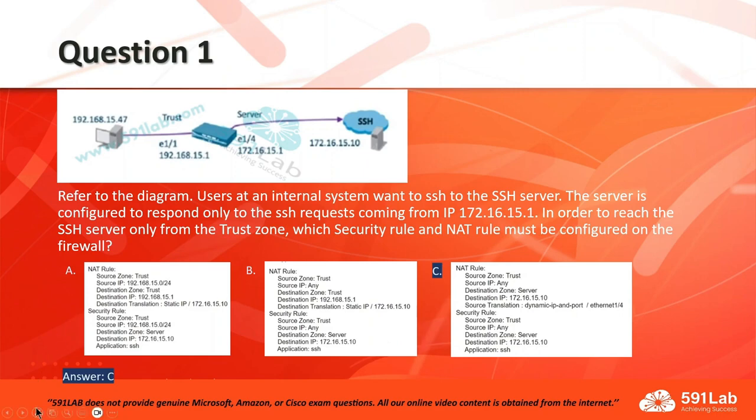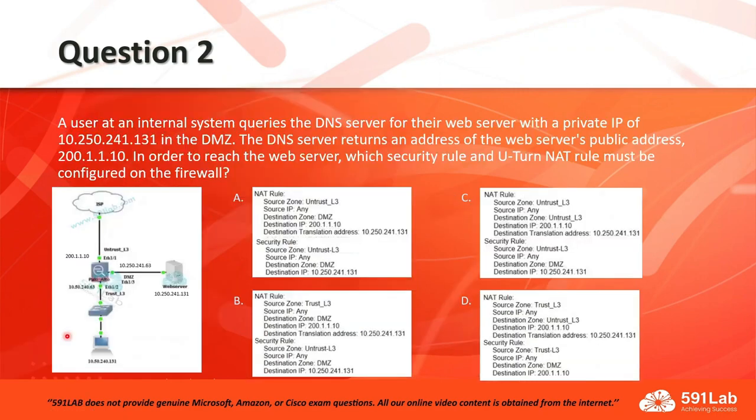Let's go to question number 2. Question number 2 is as follows. A user at an internal system queries the DNS server for their web server with a private IP of 10.250.241.131 in the DMZ.